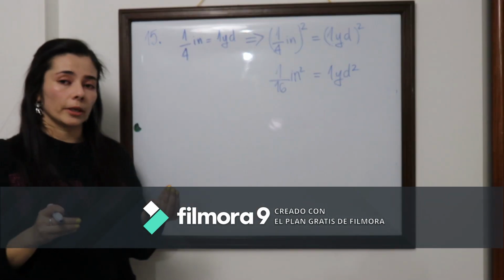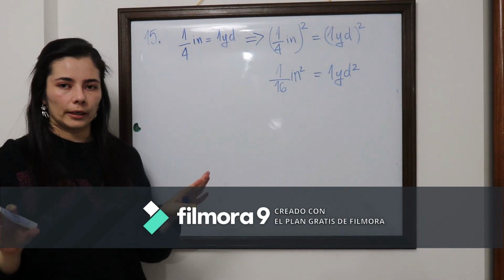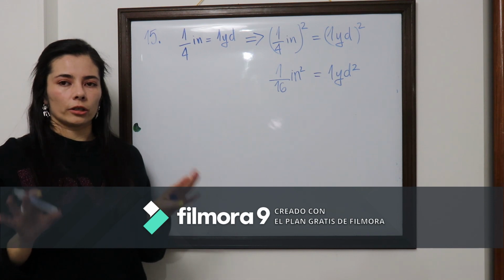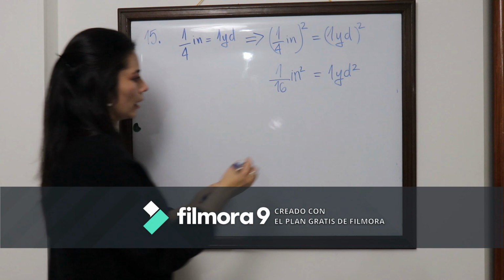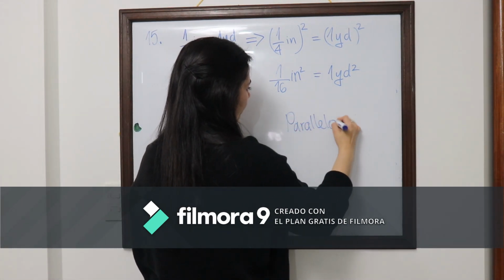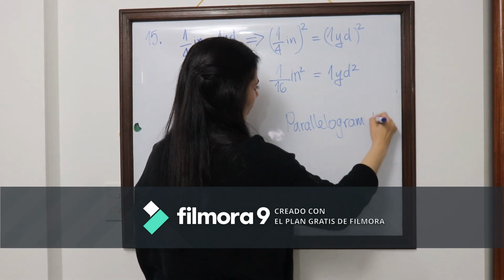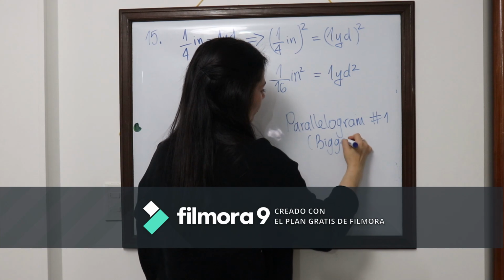Now, since you have to measure in problem number 14, I'm going to make up the measures for one parallelogram so you know how to work on that problem. I'm going to work with the bigger parallelogram, okay? That's probably going to be number 1, and that's going to be the bigger one of the two.